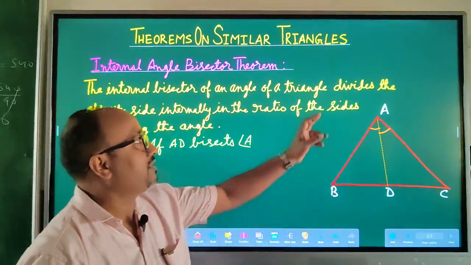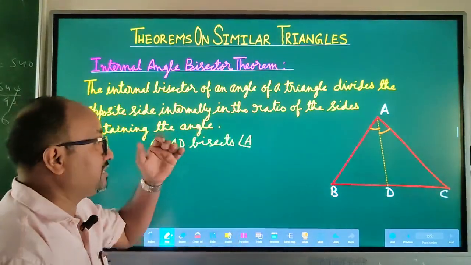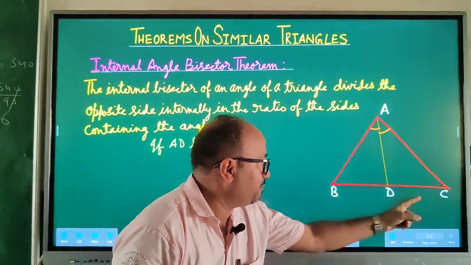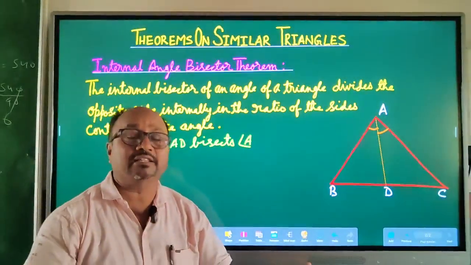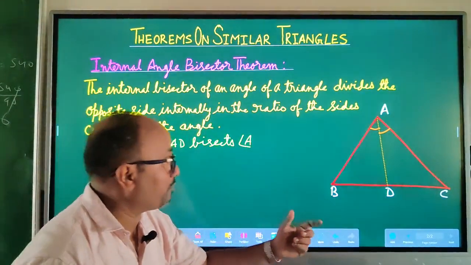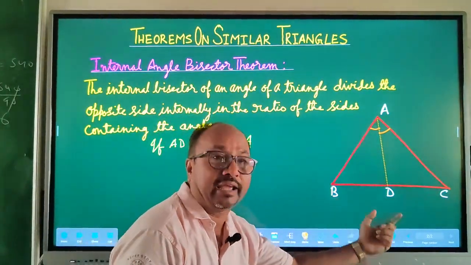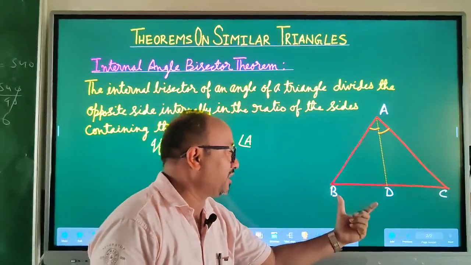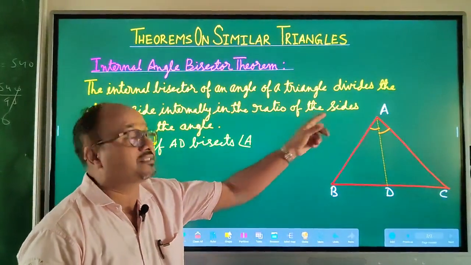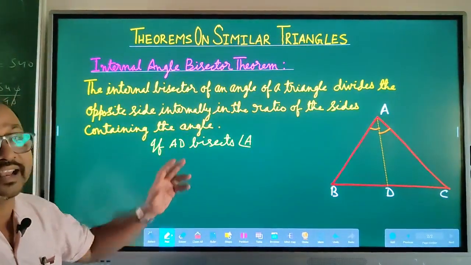Then what it says, divides the opposite side. Opposite to angle A is the side BC. So it will divide this opposite side in the ratio. The opposite side is going into two parts, BD and CD. So whatever ratio I get with BD and CD will be the same as the ratio of the sides containing the angle.